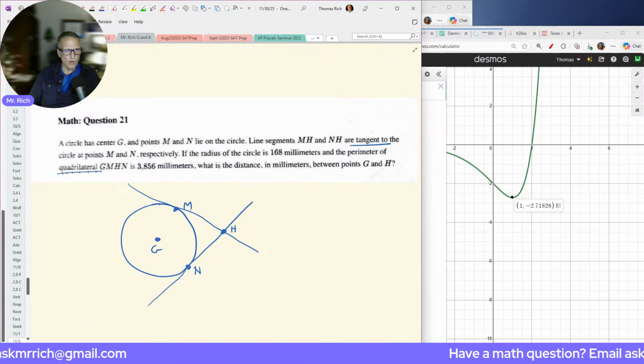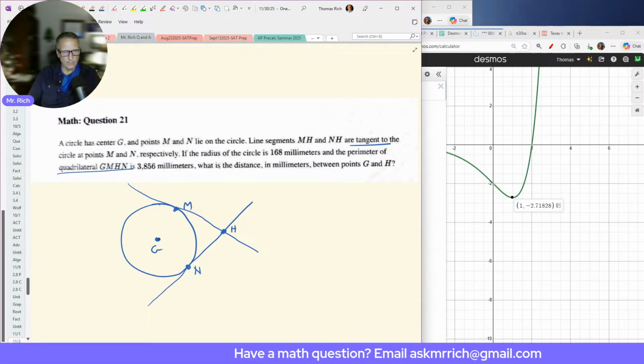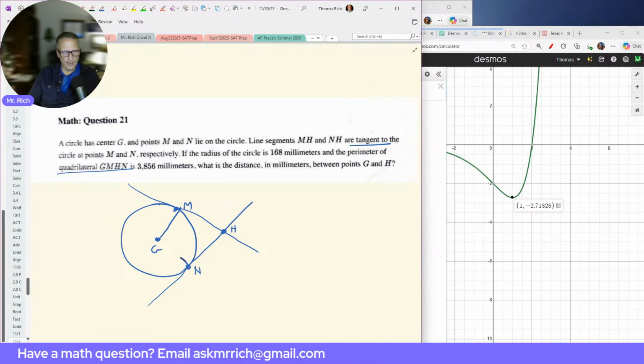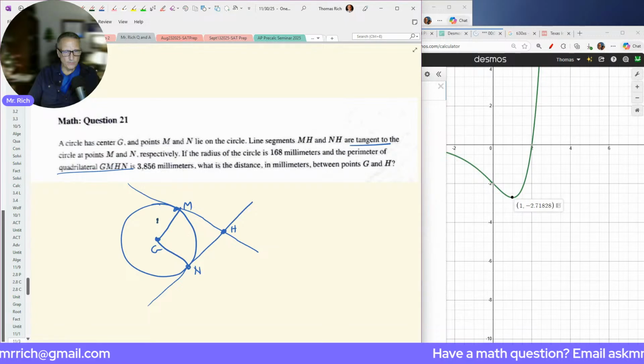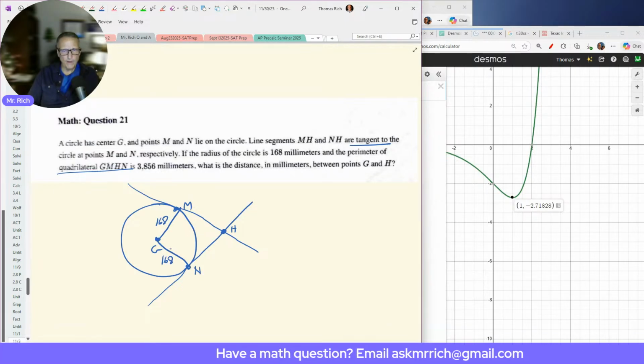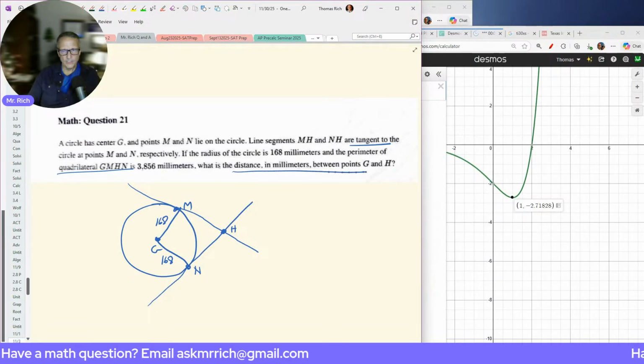perimeter of quadrilateral GMHN. So I would have to draw in those 2 radiuses, and those would each be 168 millimeters. So there's my picture. Their question, though, is what's the distance between G and H right here?